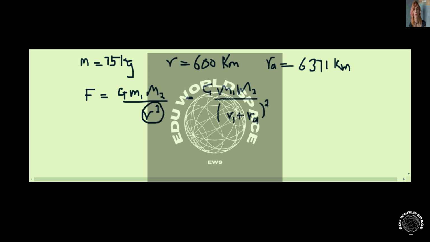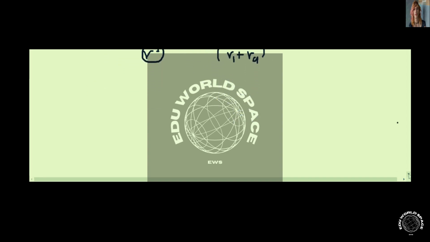Now, the G that we see in this equation is called the universal gravitational constant.